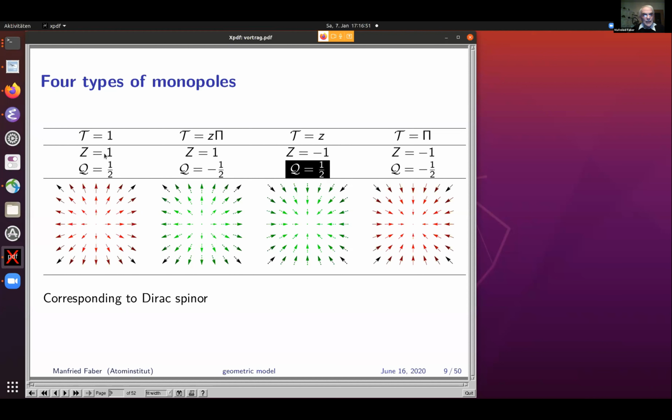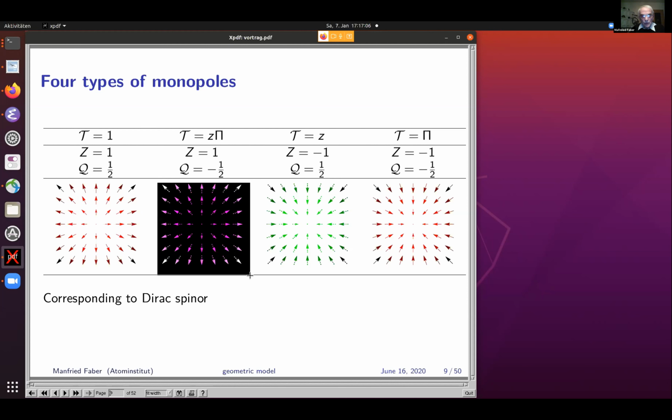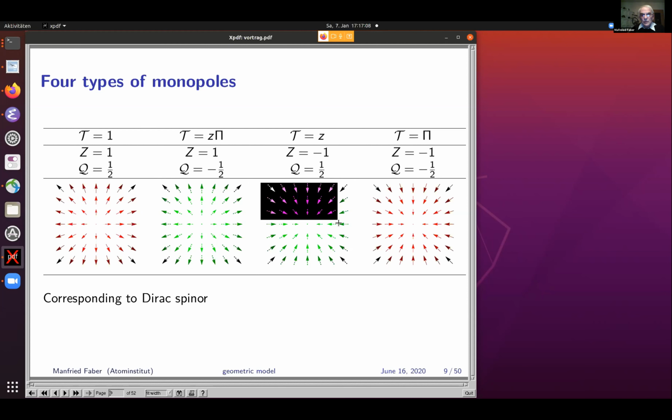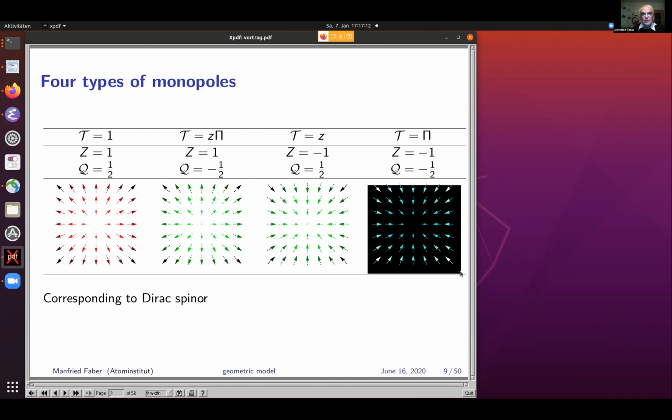So once again, if vectors are pointing outside, then this acts as the electric charge of an electron. If vectors are going inside, it acts as the opposite electric charge. This is also an electron pointing outward. This is a positron, vectors pointing inward. This is also a positron.